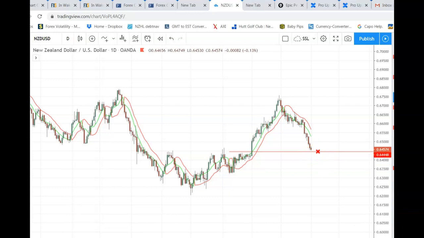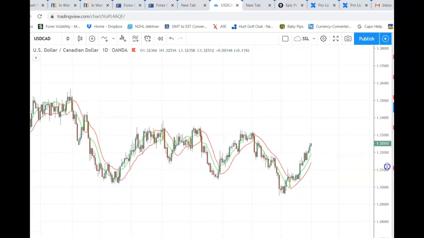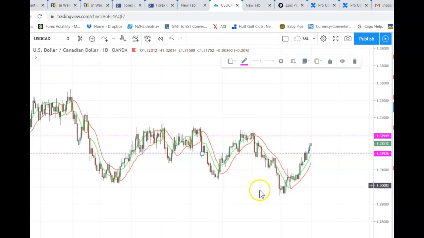The USD CAD actually gave us a bit of a lift last week. I didn't take it just simply because I wasn't a happy camper about it. These are the key areas here. And we had a break up. Not sure about this.